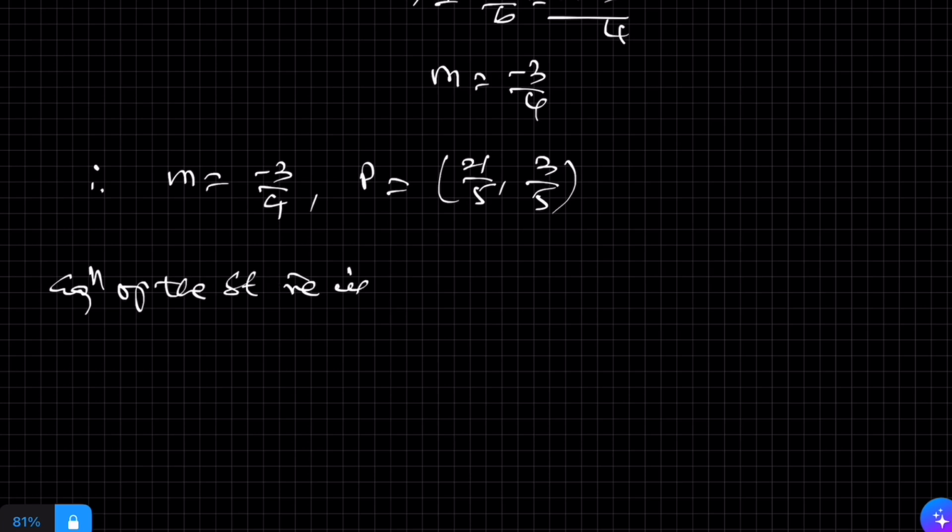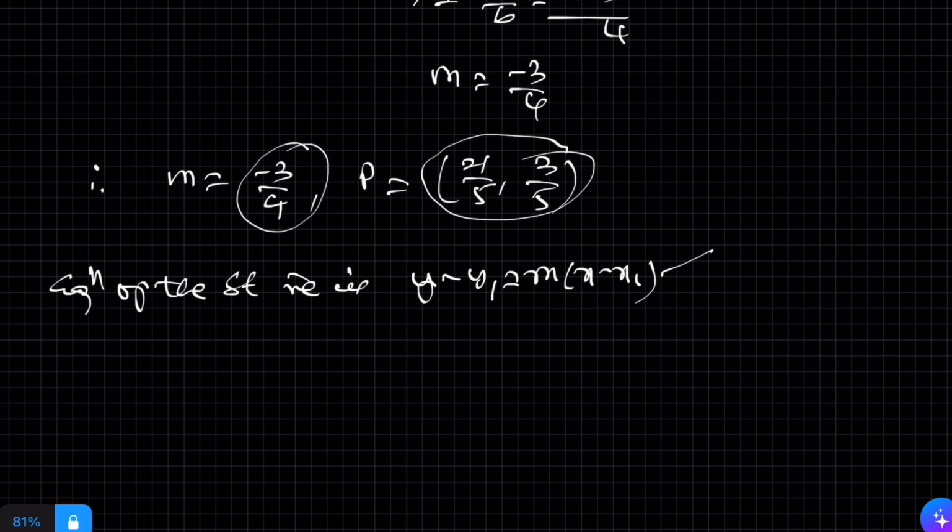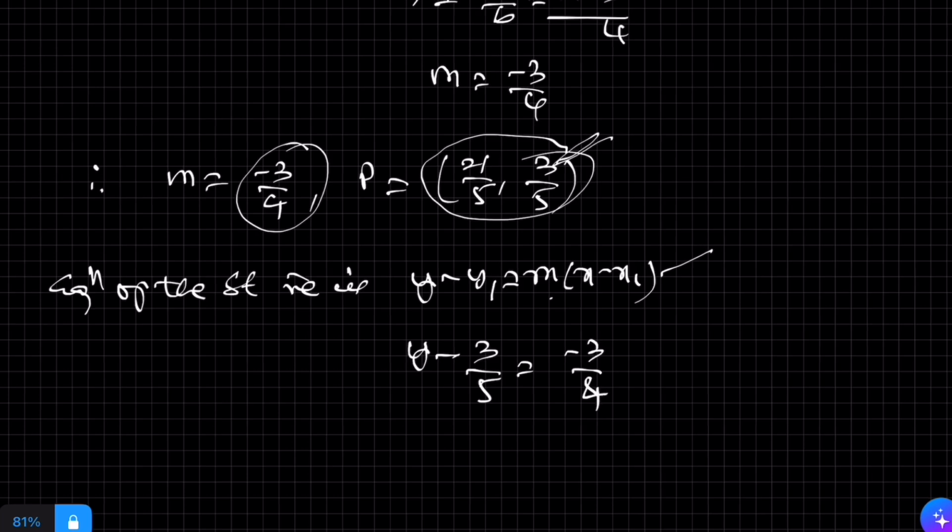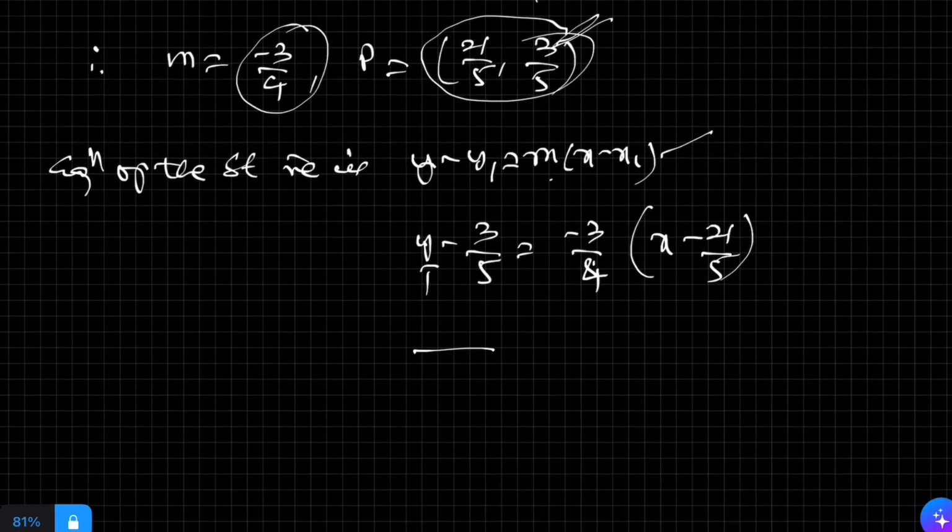The formula is y minus y1 equal to m into x minus x1, used when the point and the slope are given. So y minus 3 by 5 equal to minus 3 by 4 into x minus 21 by 5. Let me simplify further. Here I'll take the LCM value as 5.